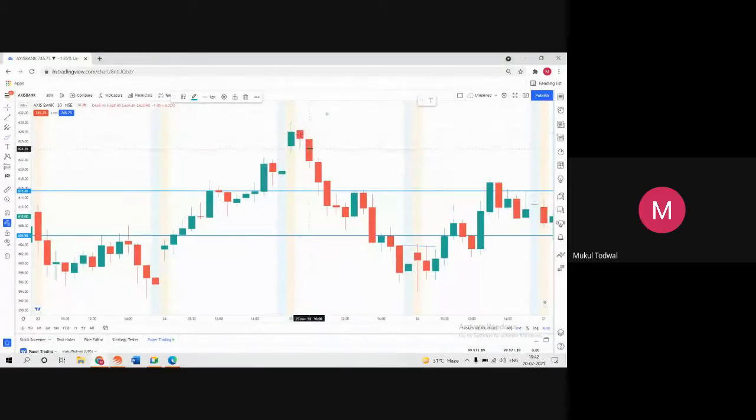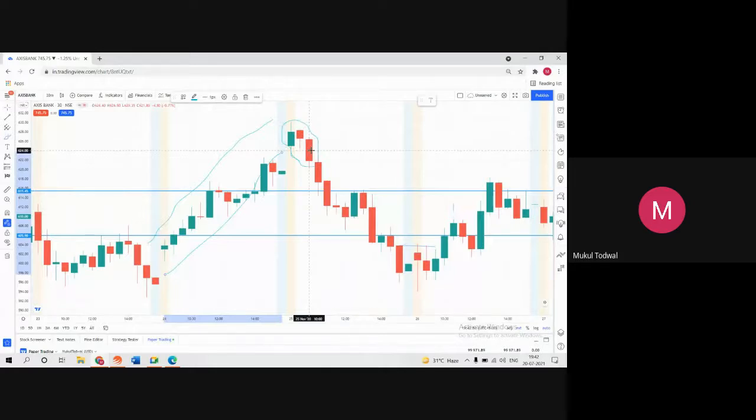Now it's high time for you to short this particular stock, and this pattern is known as a hanging man pattern. The trend should be an upward trend, a green candle followed by a red doji candle, then again a red candle, and you can short this particular stock.